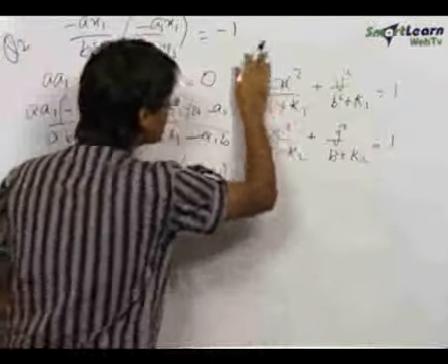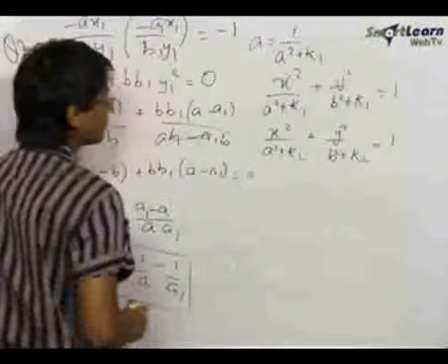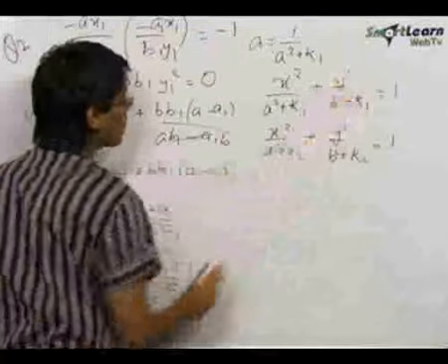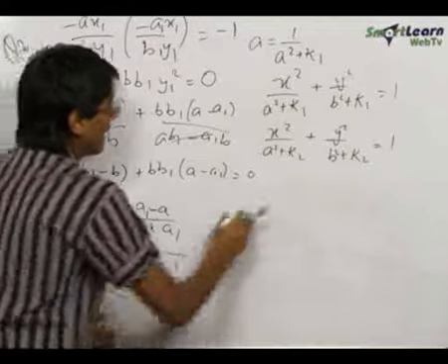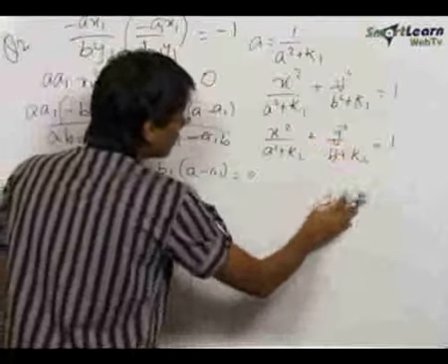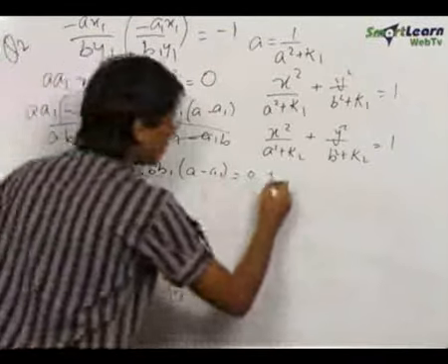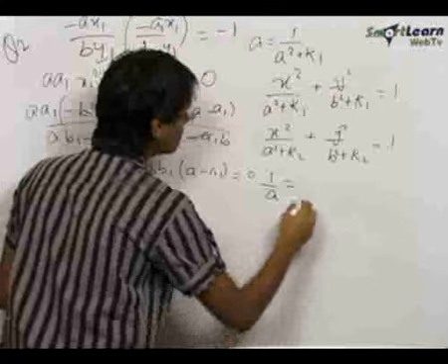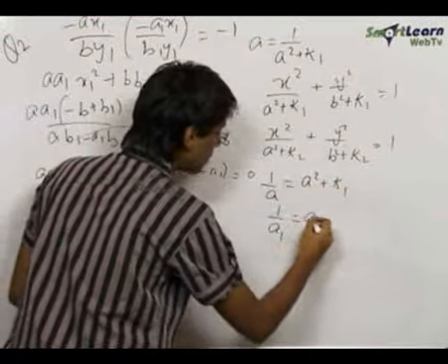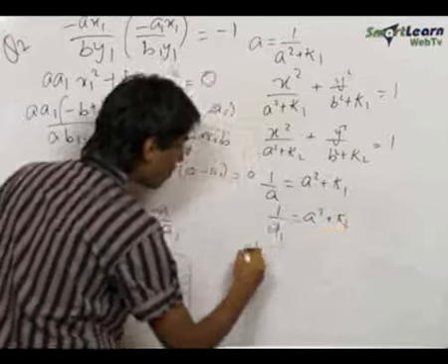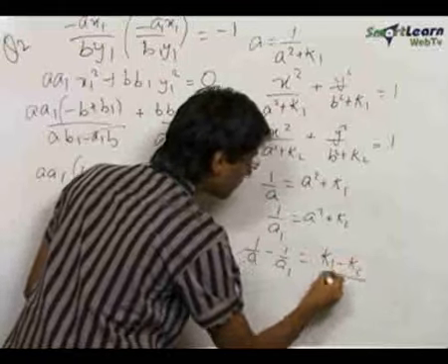Our a in this case is 1/(a²+k1), and our b is 1/(b²+k1), and similarly 1/(a²+k2) is a1, and 1/(b²+k2) is b1. Hence 1/a in our case is a²+k1, and 1/a1 in our case is a²+k2. So 1/a - 1/a1 is equal to k1 - k2.